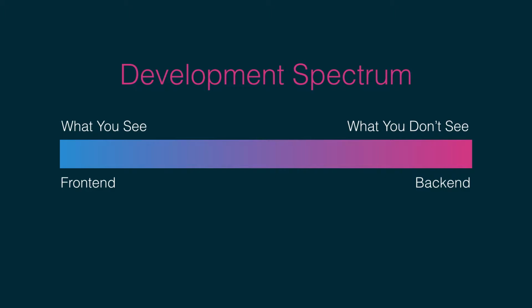It all depends. Some places front end goes further back than back end goes elsewhere. So we'll stay with the very simple definition: front end is working on things that you see, and back end is working on things that you don't see.